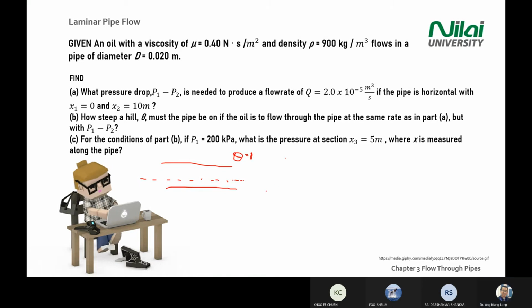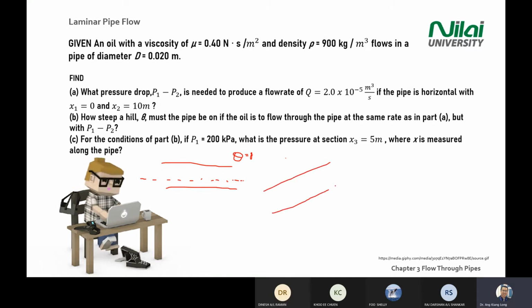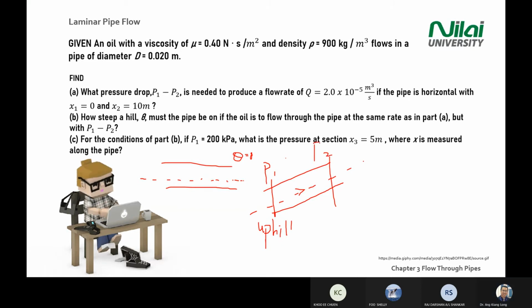If I have a pipe oriented like that, and I want my flow to flow uphill, my question is, let's say this is point 1, this is point 2. You want this water to go uphill.